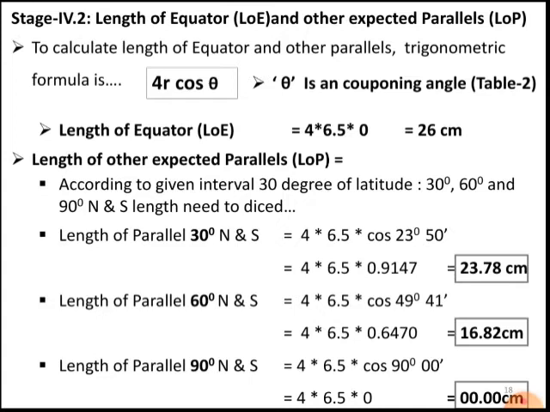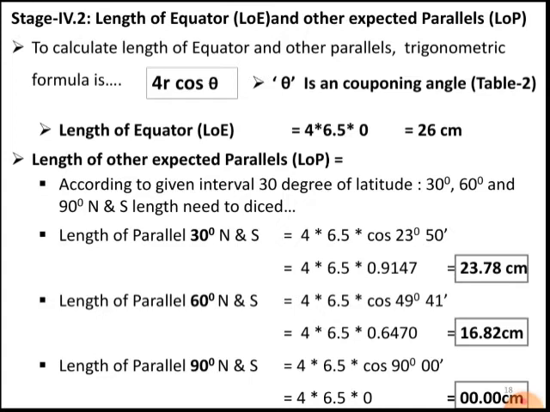So in this way we have to find out the length of the other parallels also. For that we have to use the corresponding angles. Okay, here we are finding it not graphically, but with the help of trigonometrical functions.